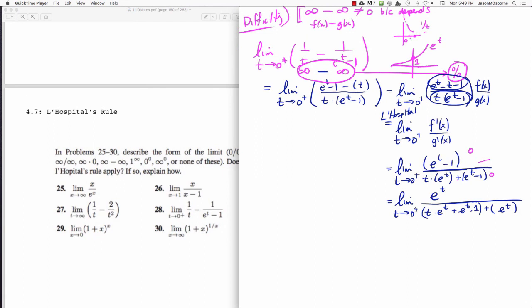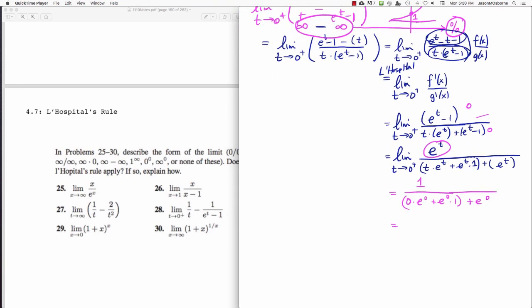Now as t goes to 0, the top gives e to the 0, which is 1. The denominator goes to 0 times e to the 0 plus e to the 0 times 1, plus e to the 0, so you get 1 divided by 0 plus 1 plus 1, which is a half.